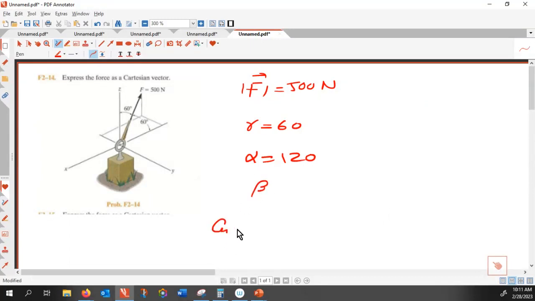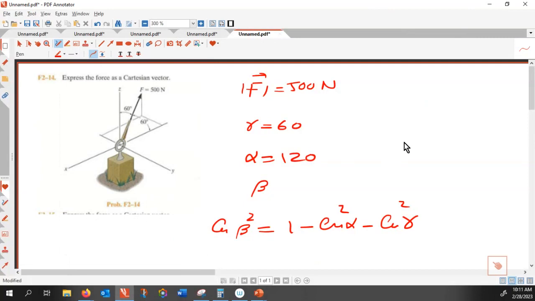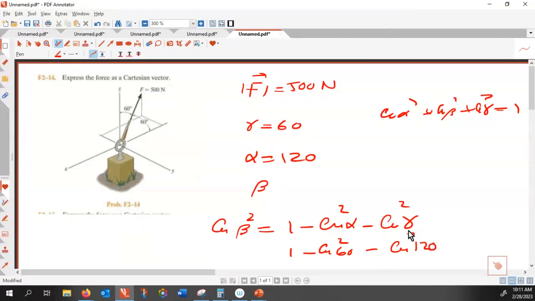So cos beta squared is equal to 1 minus cos alpha squared minus cos gamma squared. This is an identity: cos alpha squared plus cos beta squared plus cos gamma squared equals 1. So I simply rewrote it. That is 1 minus cos 60 squared minus cos 120 squared.